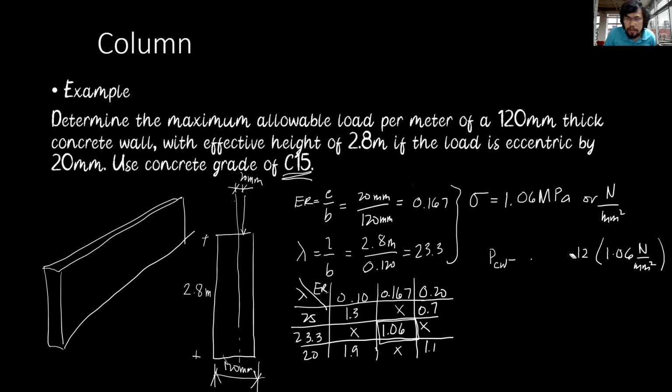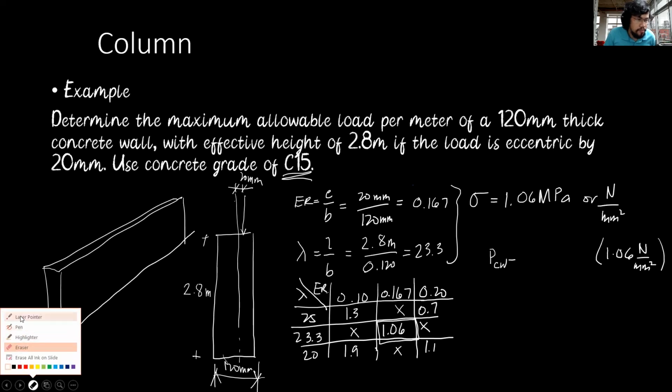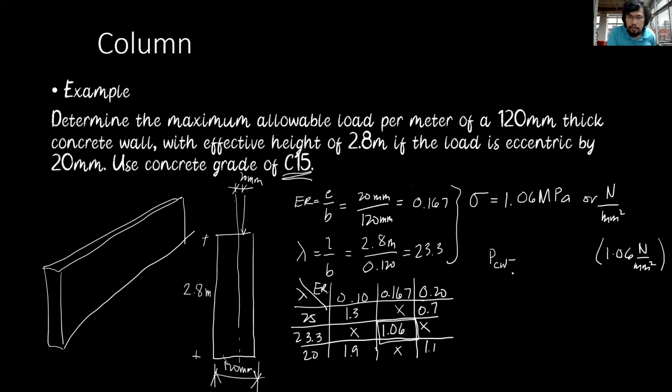So that we have similar units. 1,000 millimeters times 120 millimeters, and we get what? 1,000 times 120 times 1.06.